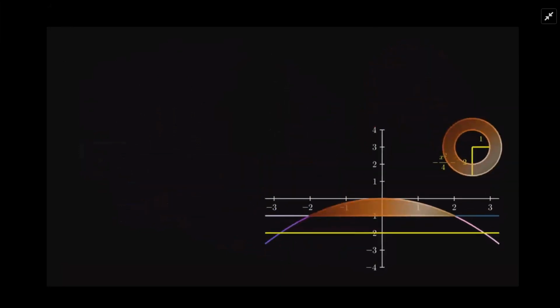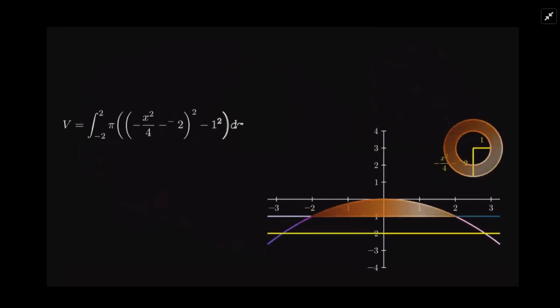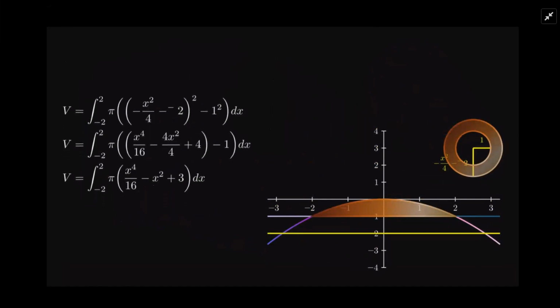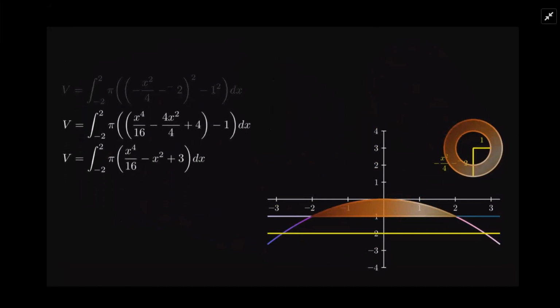So the volume is going to be pi times the difference of these radii squared, times the width. So it's the outer radius minus the inner radius, each one squared. Going through the algebra, check my work, please. The integration really is no big problem, just a power rule.